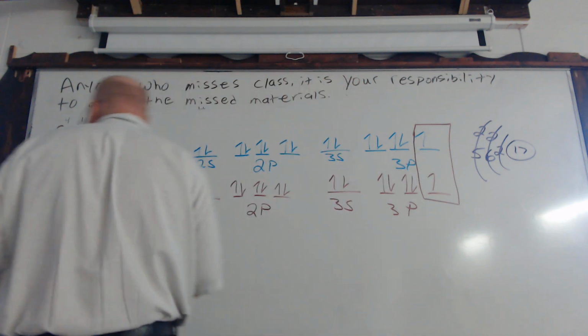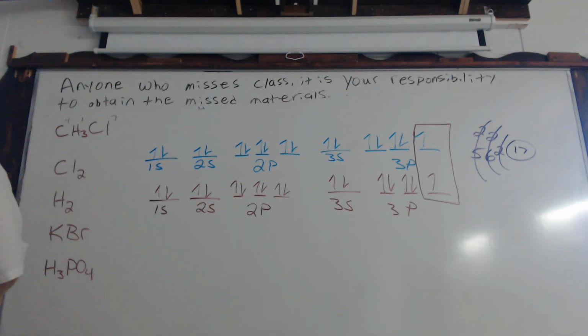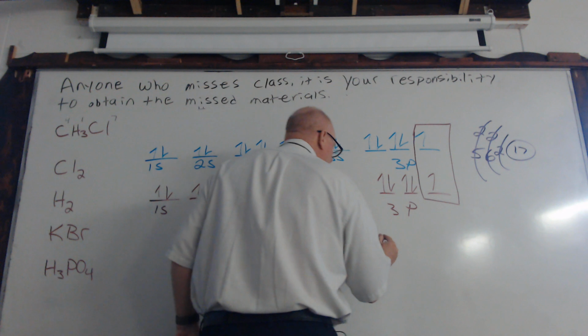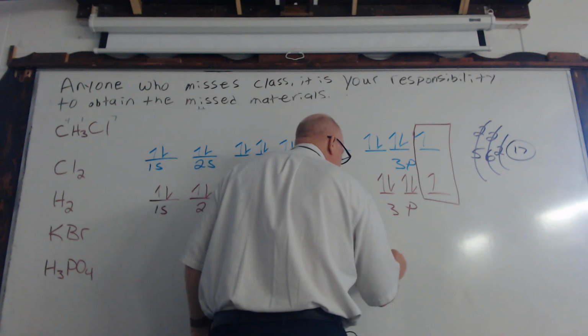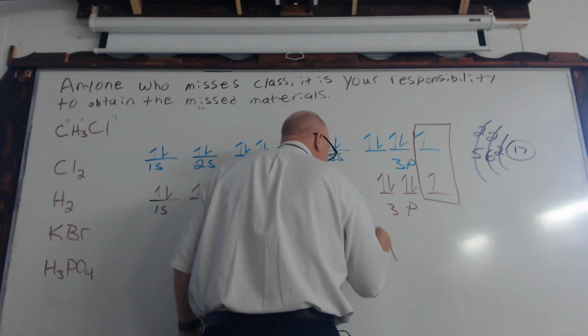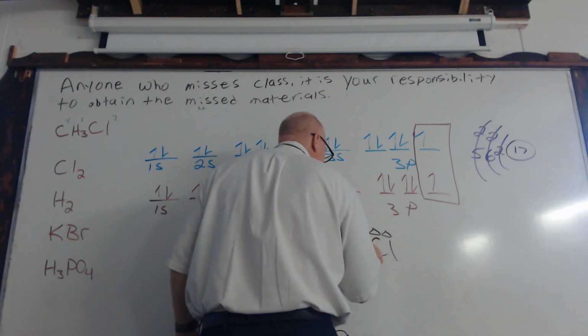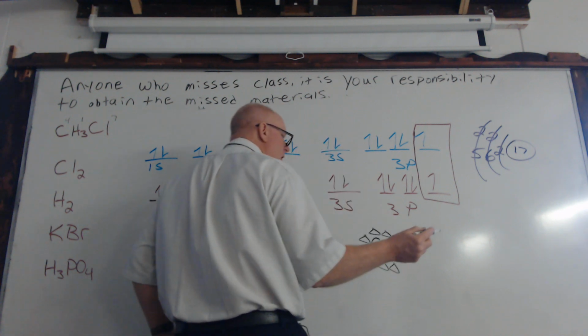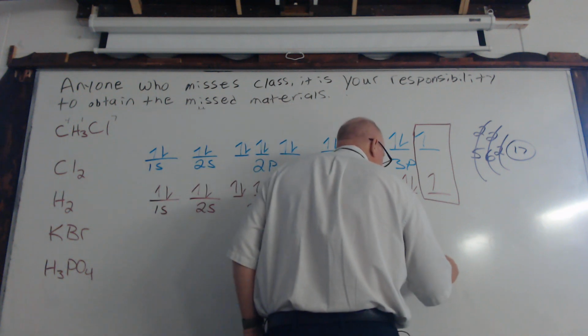So what that means then is as follows. Chlorine being in column 7, and then we're going to put one right next to it.